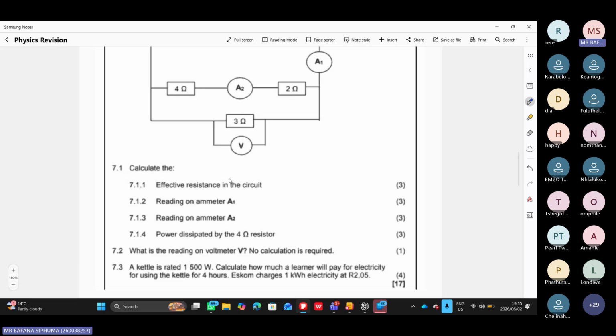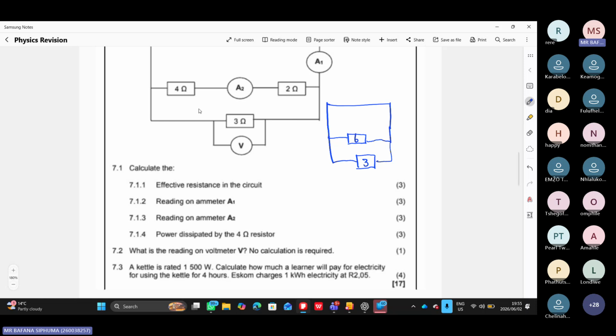Step number one, simplify your diagram first before anything. You simplify your diagram in terms of the resistance. Here you will write 3 and then here you write 6.